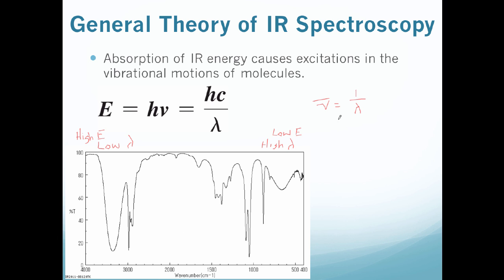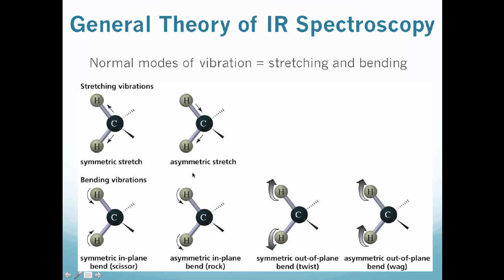So a higher wave number corresponds to a lower wavelength. So here where we have high energy, we also have a high wave number. At the left we have 4,000 wave numbers. Down at the right we're clear down to 400 wave numbers. And again, the units of wave numbers is inverse centimeters.